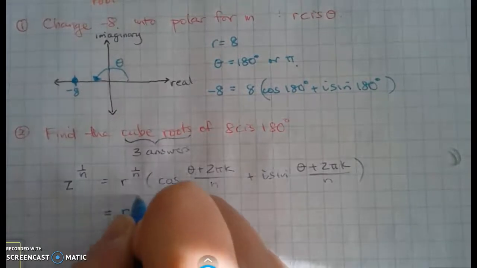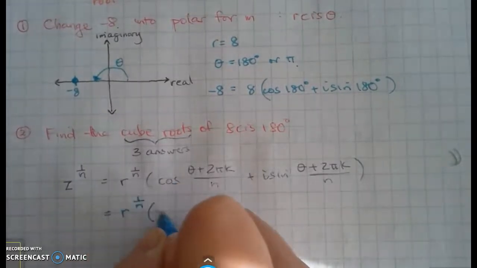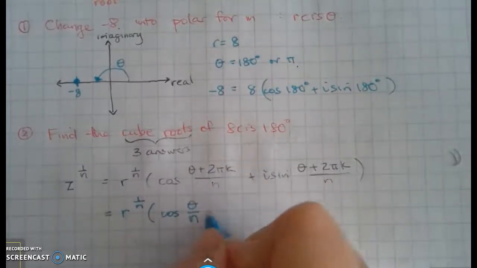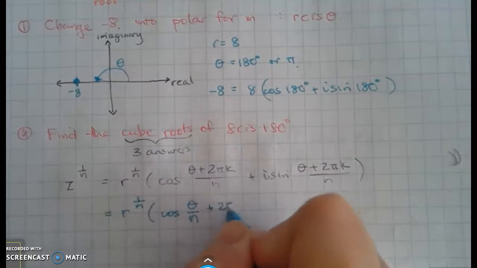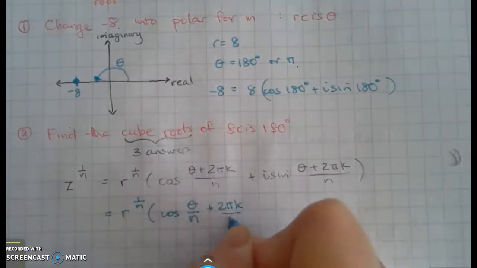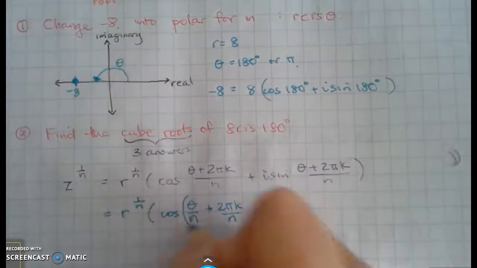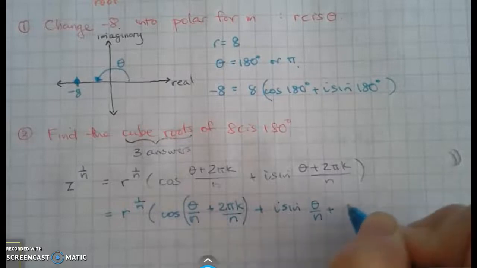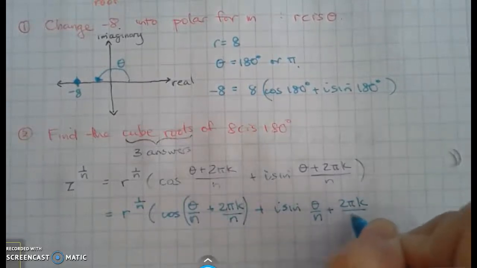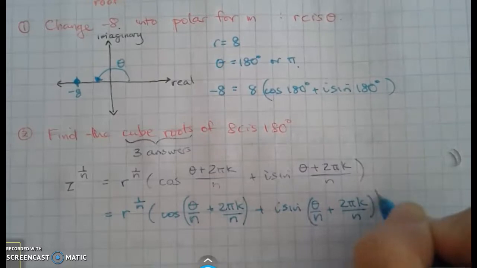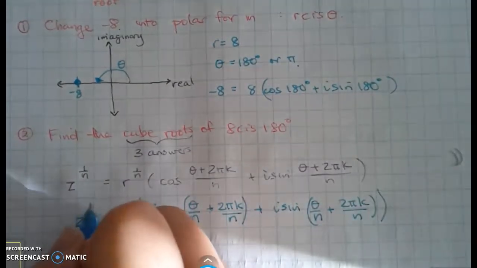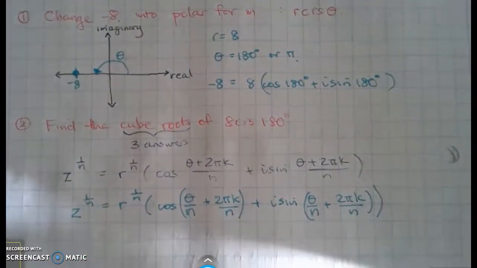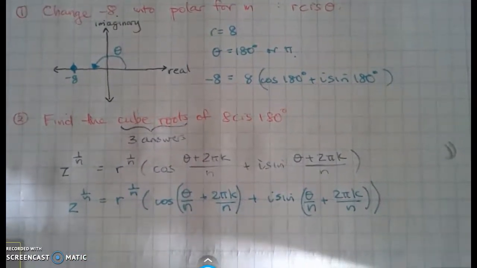So it can be rewritten as r to the 1 over n, times cosine of theta over n plus 2 pi k over n, plus i sine of theta over n plus 2 pi k over n. Just a slightly modified version, and this is going to be helpful when I am finding the angles.